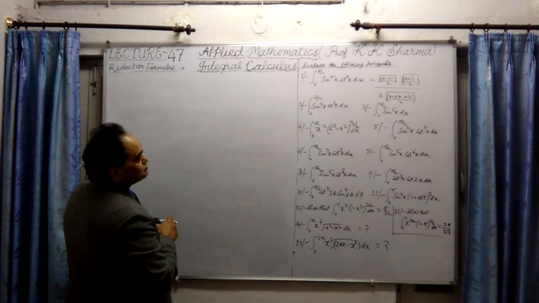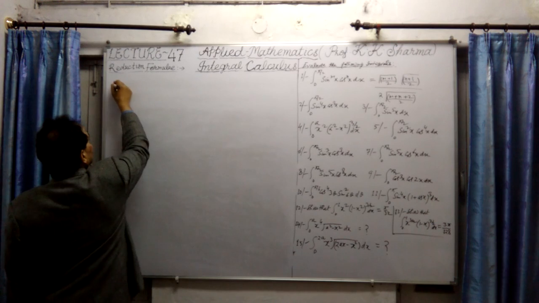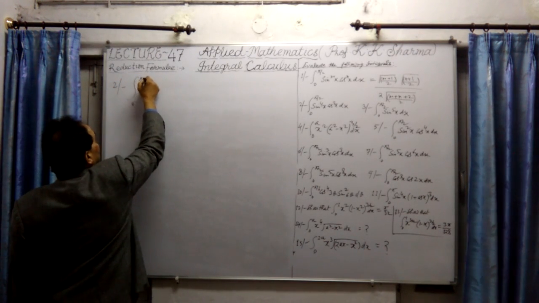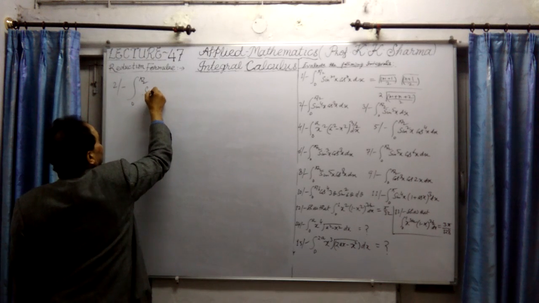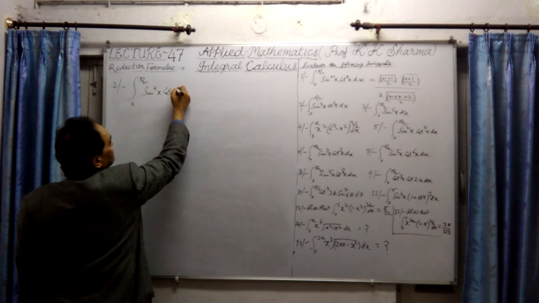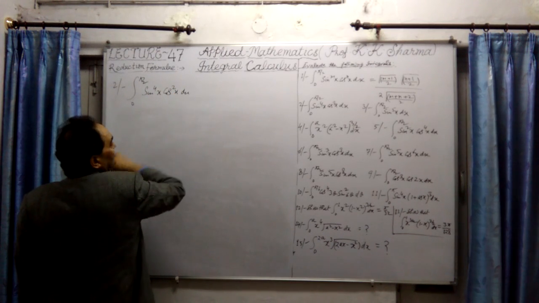Question number two. Let me take the integral from 0 to pi by 2 of sin 4x cos square x dx.